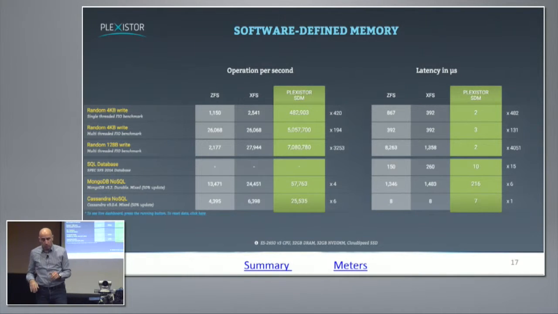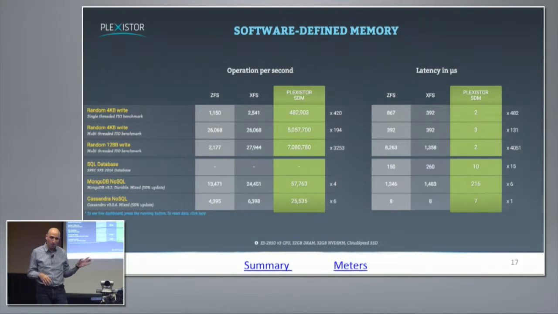The reason we did it is to give the ZFS a chance to cache the data. What happened is that ZFS actually got 64 gigabyte for cache. And even with all that cache, it couldn't meet the performance, okay? That's the point that we're trying to make with that benchmark.